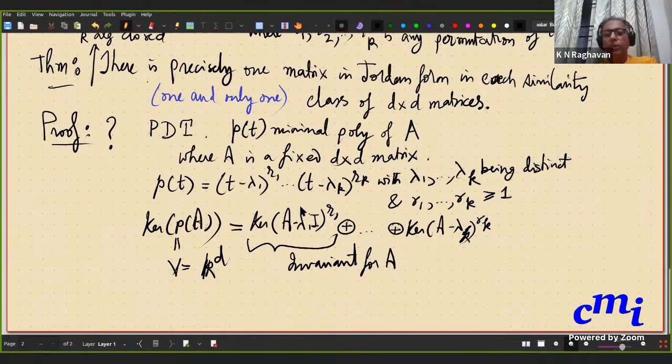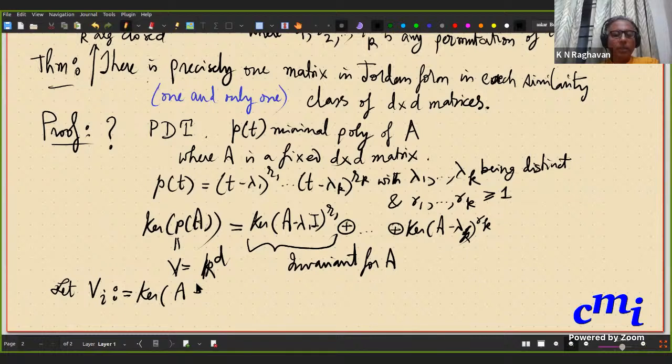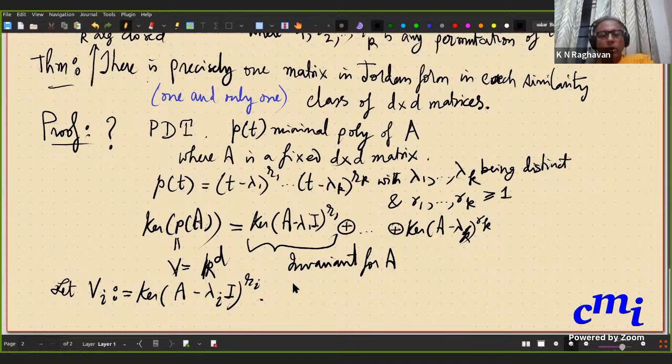The point here is, let's put V_i equal to the kernel of (A minus lambda_i I) to the R_i. Then V_i is A-invariant.